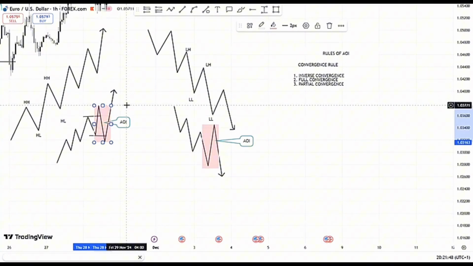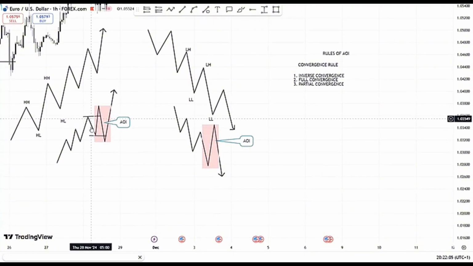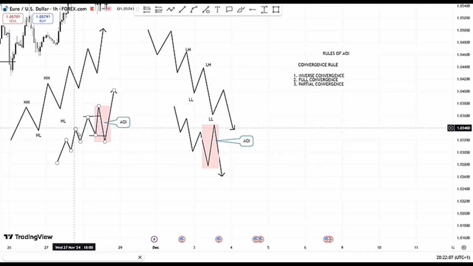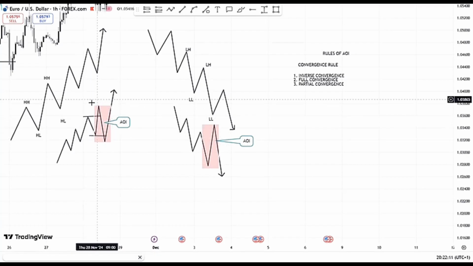That's what makes you a different trader. Don't just frown. Try to understand why it is like this. If you say this is like this, then tell me why it is like that. Note, this is the psychology behind the formation of an AOI for a bullish scenario and for a bearish scenario.